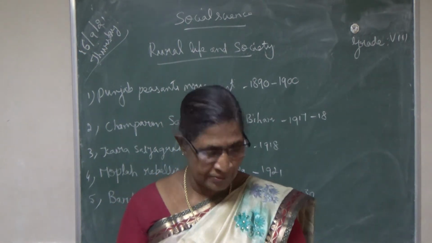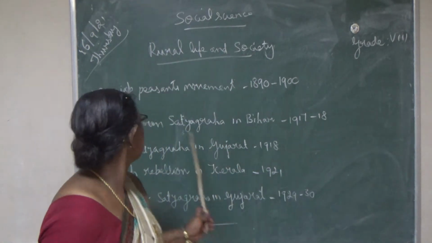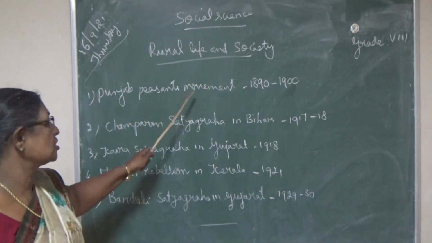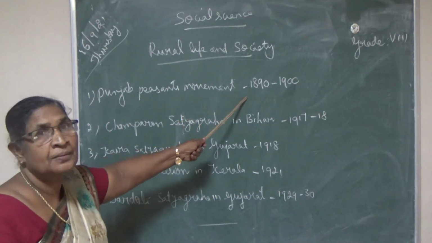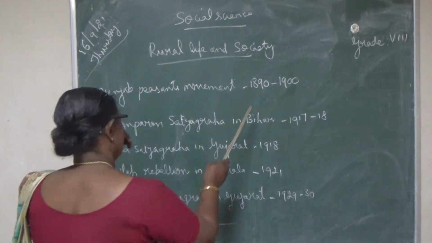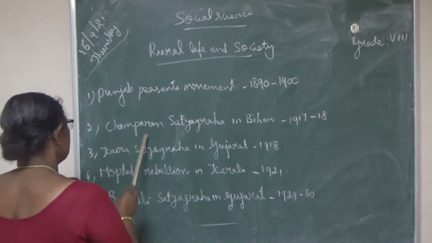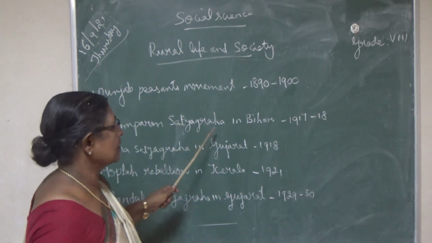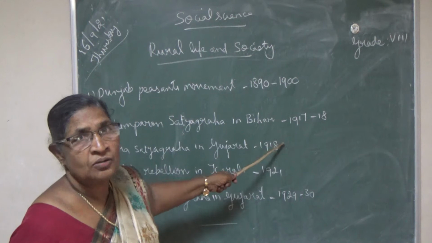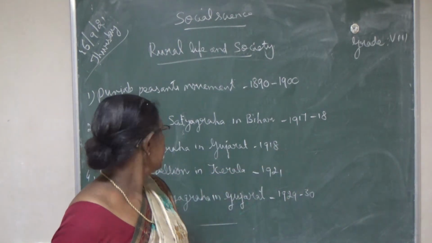Today we are going to learn about 5 rebellions. That is the Punjab Peasants Movement, which took place in the years 1890 to 1900. Second, Champaran Satyagraha in Bihar, in the years 1917 to 18.